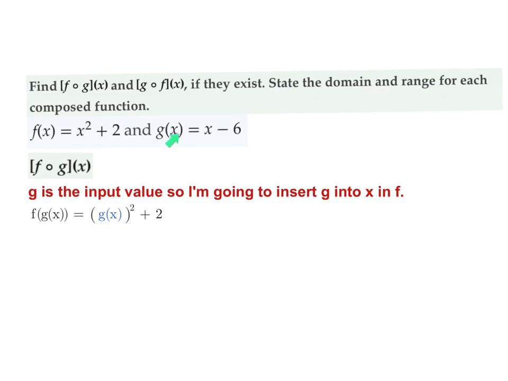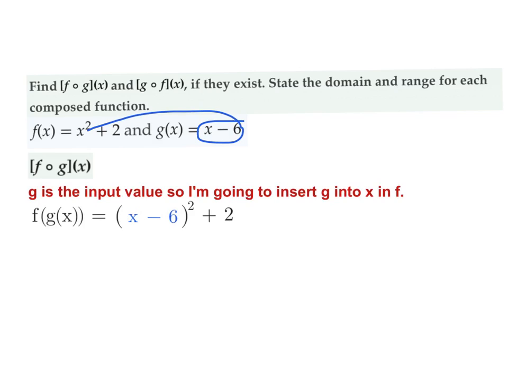X minus 6. G of x equals x minus 6. So in reality, I'm actually going to put x minus 6 in right there. Okay, and that's really what this is about. So I'm taking this g of x, it is the input value, it goes into wherever there's an x. And that's what I get down below. Okay, now I just have to simplify that and I'm done.